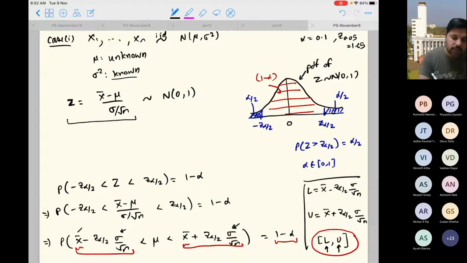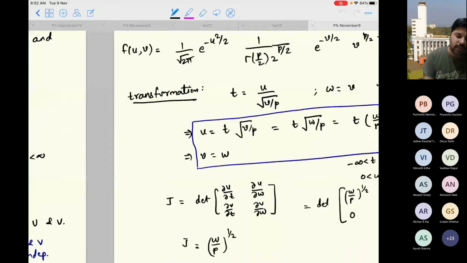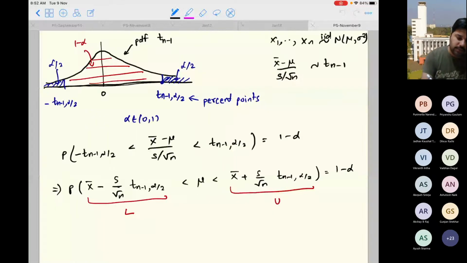X bar is not a constant; it is a random variable computed from the data. Here also X bar is computed from data. Now sigma is not known. It was constant previously because it was known, so now that also will be computed from data. That's it. Does that make sense?